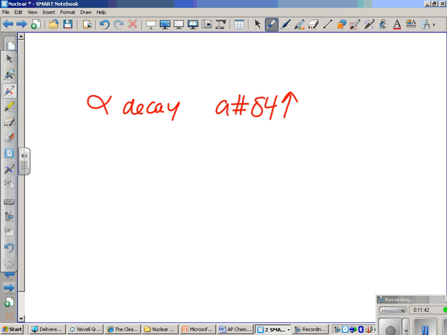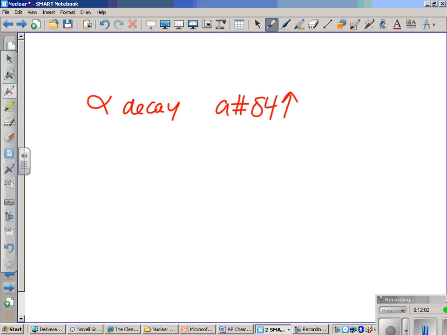From 84 and higher, those nuclei are just too big. Too many protons and neutrons. There's just no way for them to be stable. So they have to get rid of some of their protons and neutrons to be able to get stable. So anything of number 84 or bigger is going to be alpha decay. You're going to know for sure that that's what type of decay it's going to be.